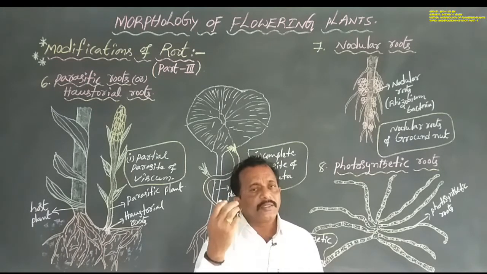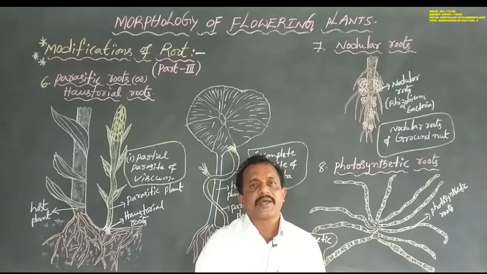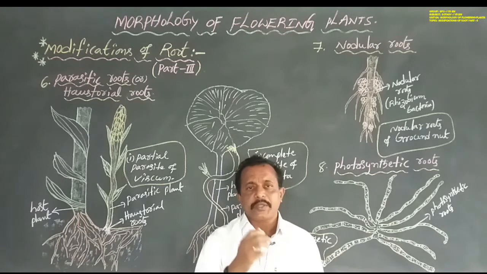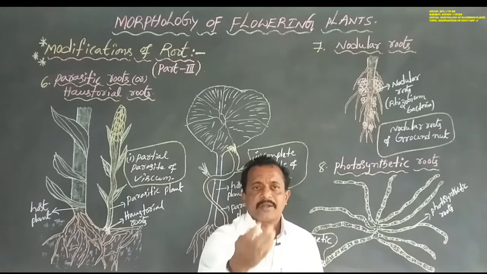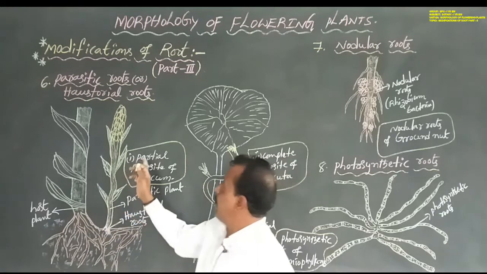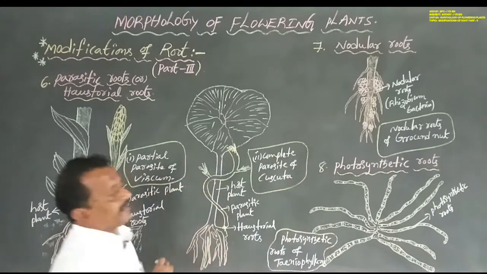Some plant organisms do not prepare their own food material and always depend upon another living plant organism; that is named a parasitic organism. Parasitic organisms are of two types: partial parasite and complete parasite.